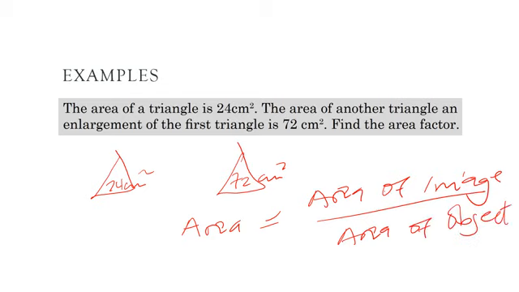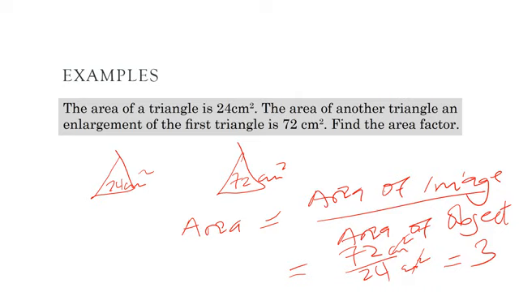In this case, our image is this one, an enlargement of that one. If you just enlarge a thing, that's the similarity. So you have 72 centimeters squared divided by 24 centimeters squared. Those units cancel. 72 divided by 24 gives you 3. So that's how to find the area factor.